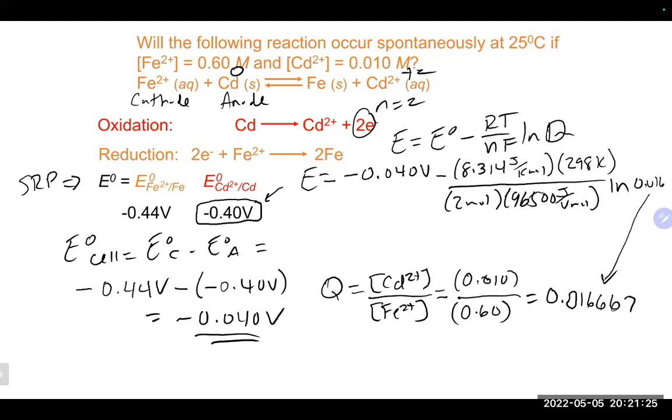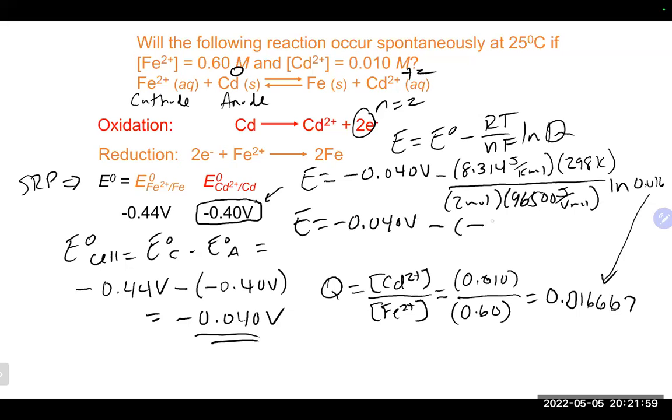If we clean up everything on the right-hand side, we take the natural log of 0.01667. We then multiply it by 298 and by 8.314, hit equals. We divide it by 2, hit equals, divided by 96,500, hit equals. That is going to clean up everything on the right-hand side.